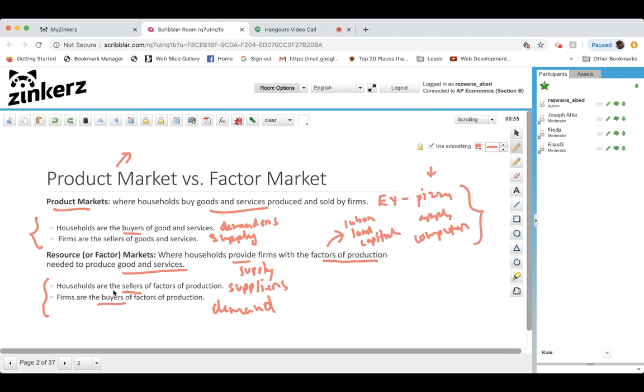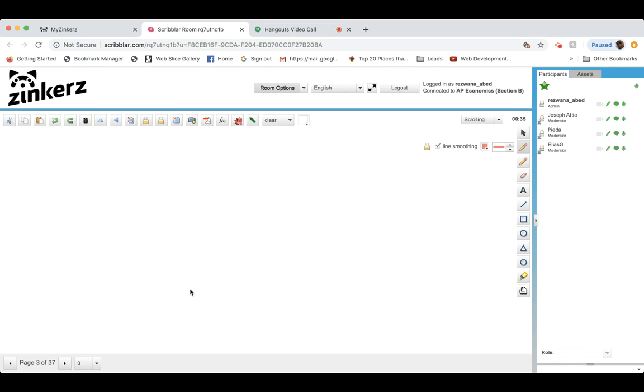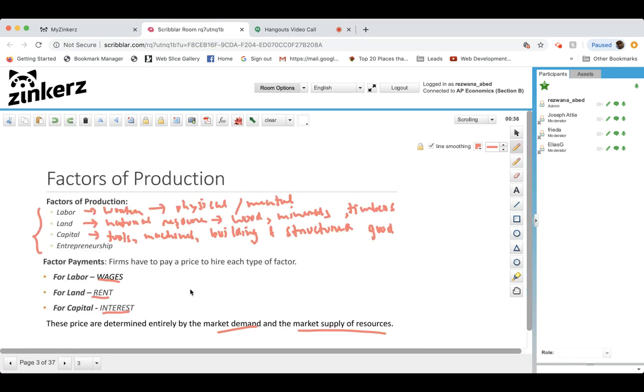So here, households are no longer on the demand side. They're the sellers of factors of production, so they're on the supply side. And firms are the buyers of factors of production, and they are now on the demand side. We were just getting a little bit into more of this factor market discussion.